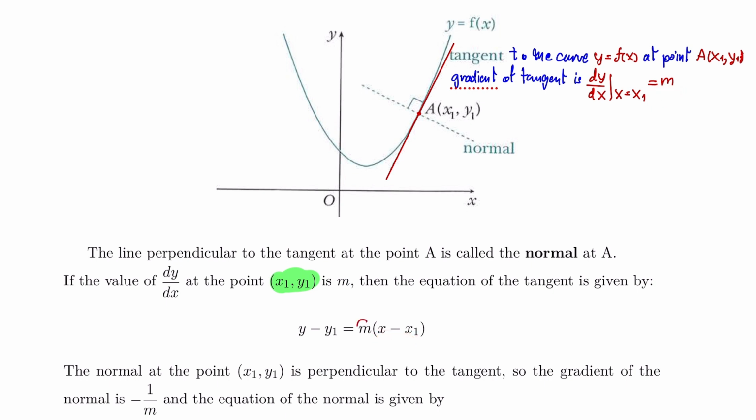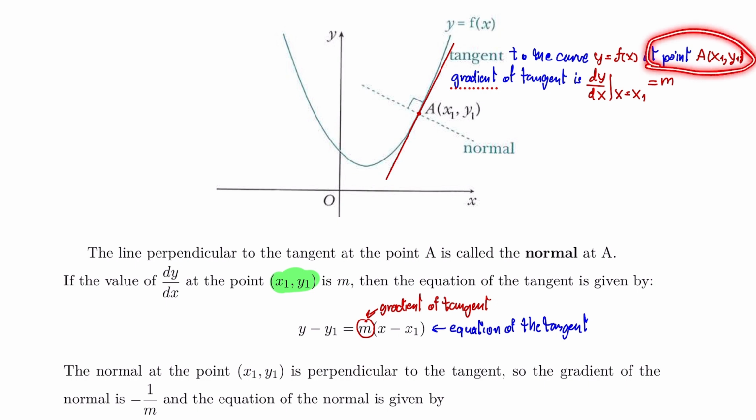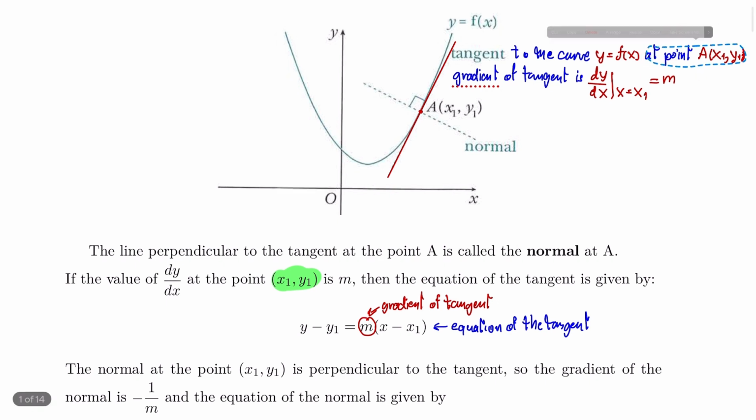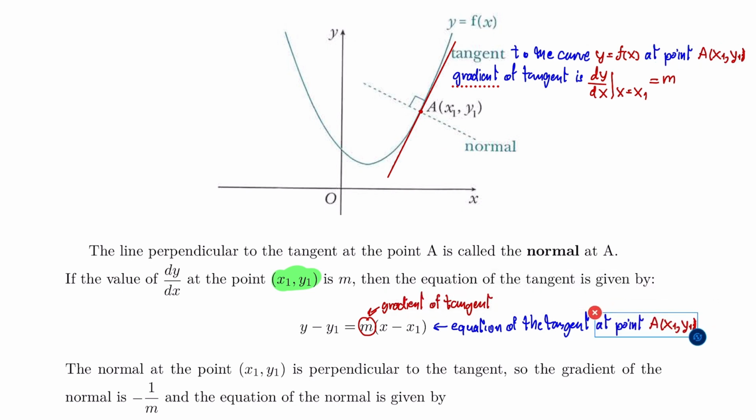Here m is the gradient of the tangent, and this is the equation of the tangent at point A.